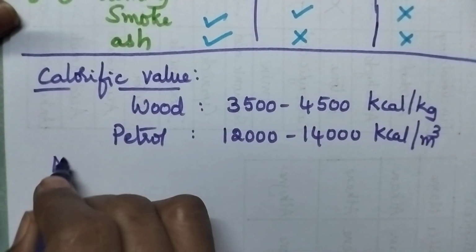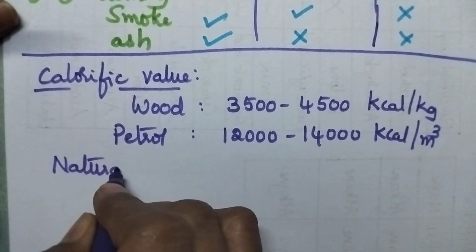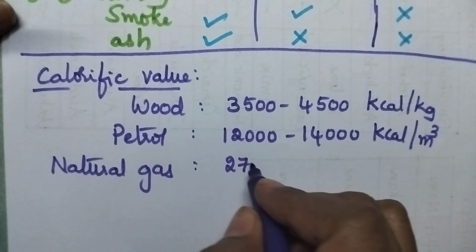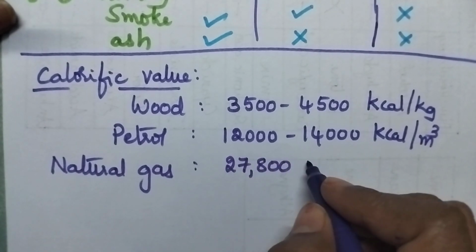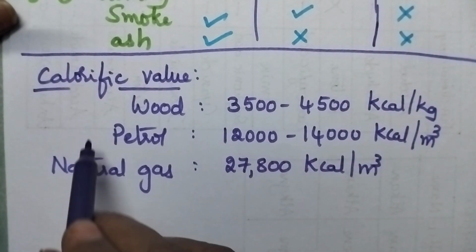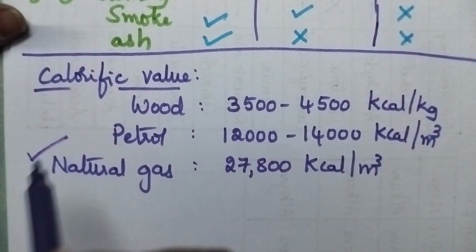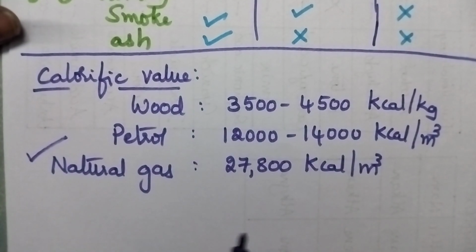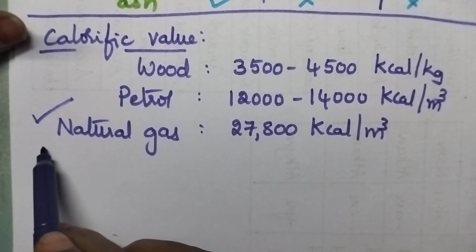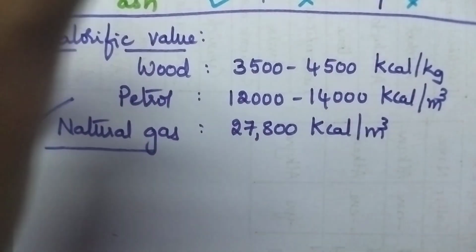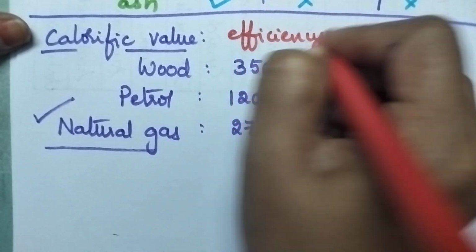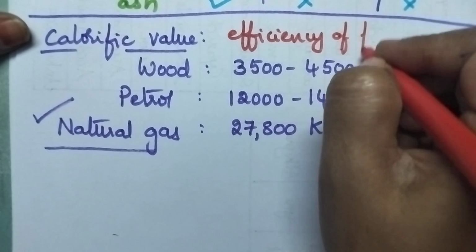And coming to the natural gas, its calorific value is 27,800 kilocalories per meter cube. From this data, it is very clear that gaseous fuels have very high calorific value. So, especially the efficiency of the fuel is measured in terms of calorific value.